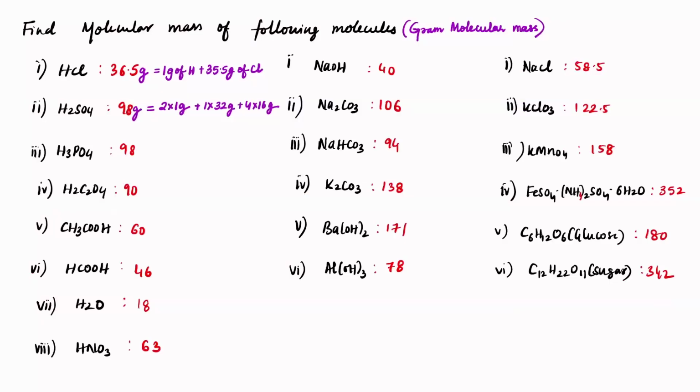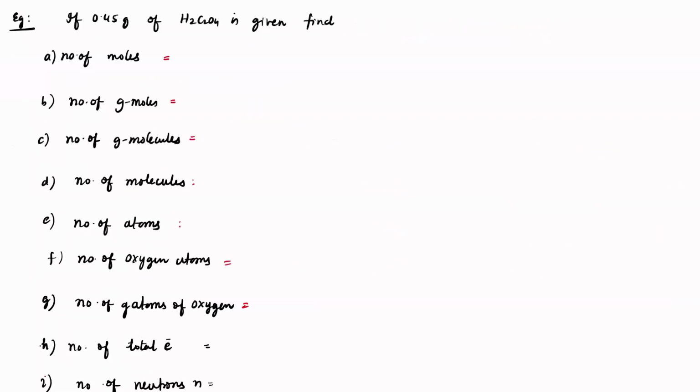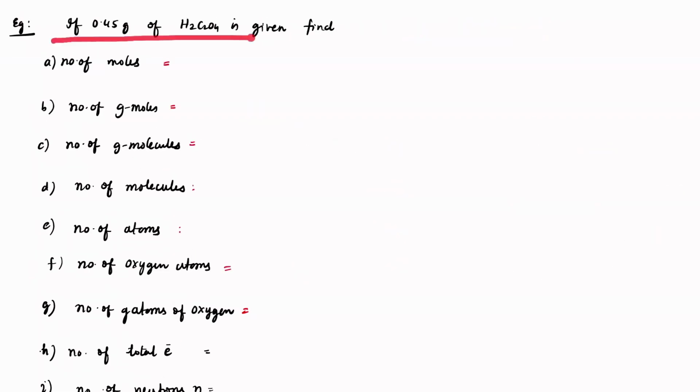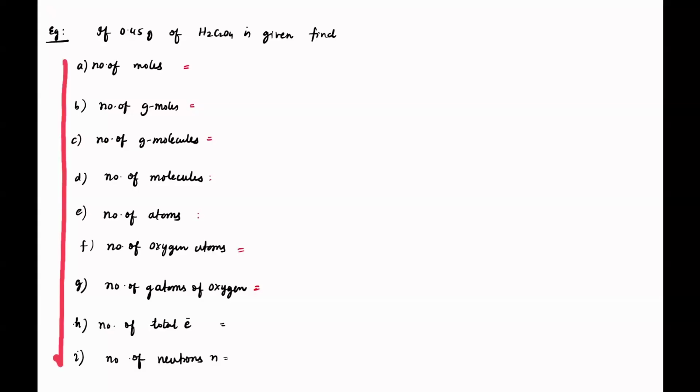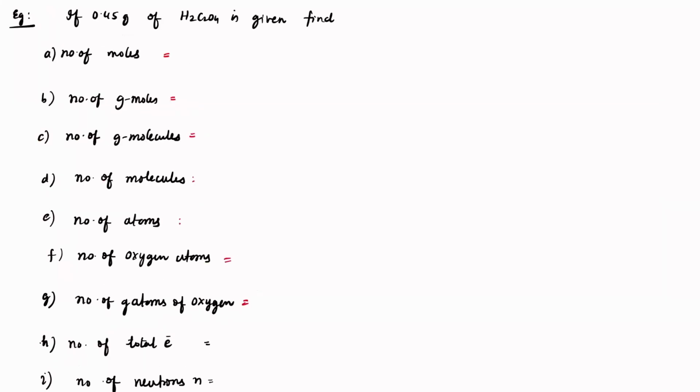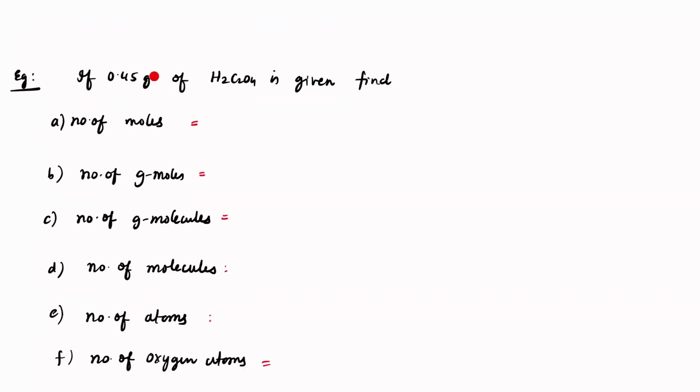Now, given the molecule here, for example, if you have 0.45 grams of H2C2O4, then we need to figure out all of these details for one particular case, like H2C2O4. To relate that to number of moles, we know that number of moles can be calculated as weight by molecular weight.